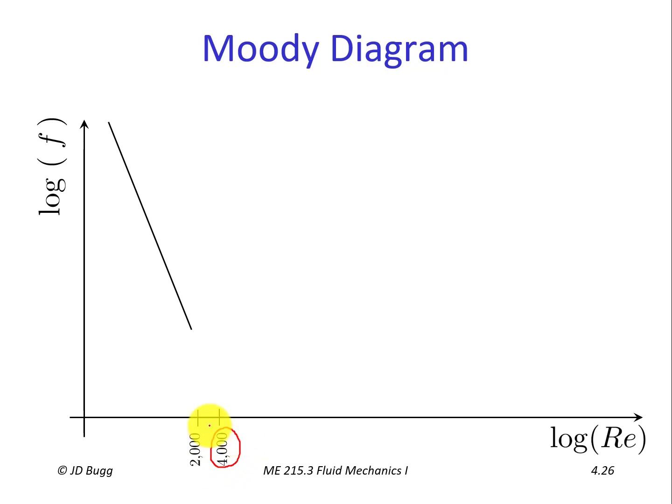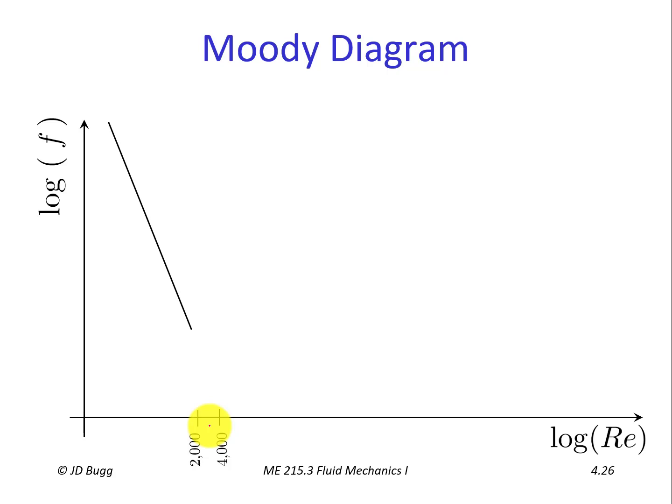Well, you may be asking, what do I do if the Reynolds number is between 2000 and 4000? Well, the problem with that is there's really no reliable way to predict whether you're going to have laminar or turbulent flow in that range of Reynolds number. So that's a transition region where it's really practically impossible to predict which you're going to get, because the transition from laminar to turbulent flow is a stability issue.